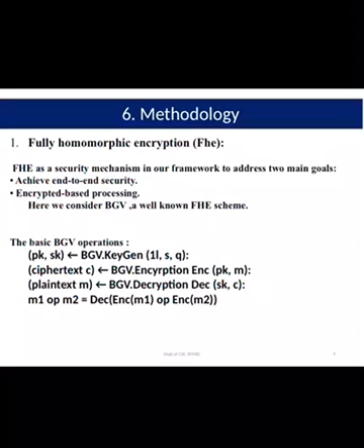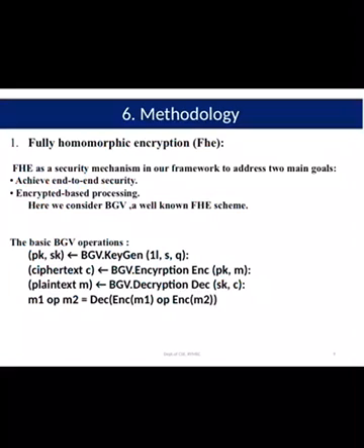The basic BGV operations can be described as follows. The first operation is the key generation algorithm, which has three inputs: a prime number q that defines a plaintext space, a security parameter lambda, and the depth level of the evaluated arithmetic circuit. Here the depth level is represented by sigma S. The outputs are a secret key Sk and a corresponding public key Pk.